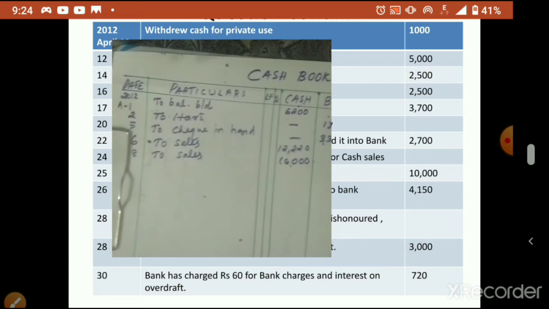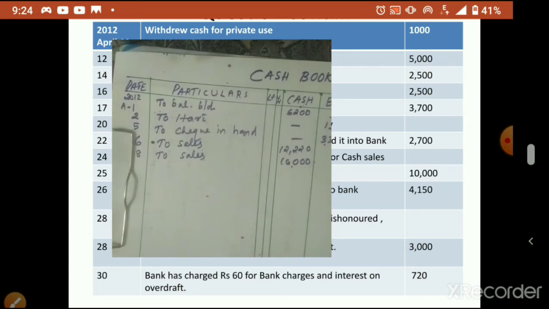Now 8th over. Now sale proceeds of April 8 deposited into bank. So this amount, the 16,000 from the goods we sold for cash, is there with us. That amount we deposited on 9th into the bank.